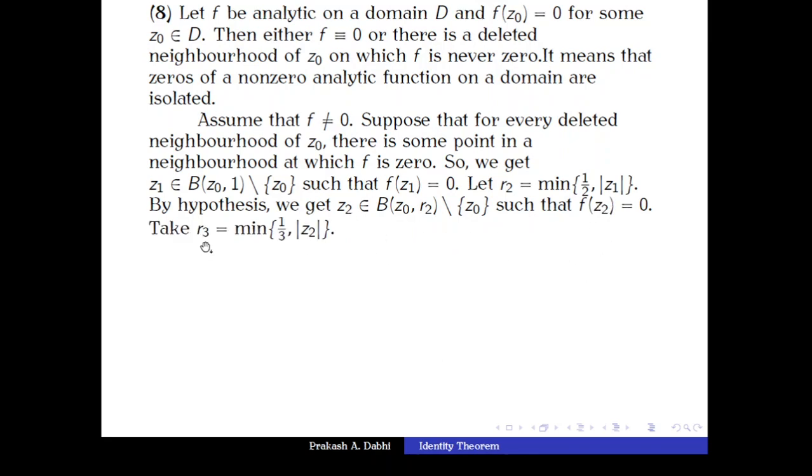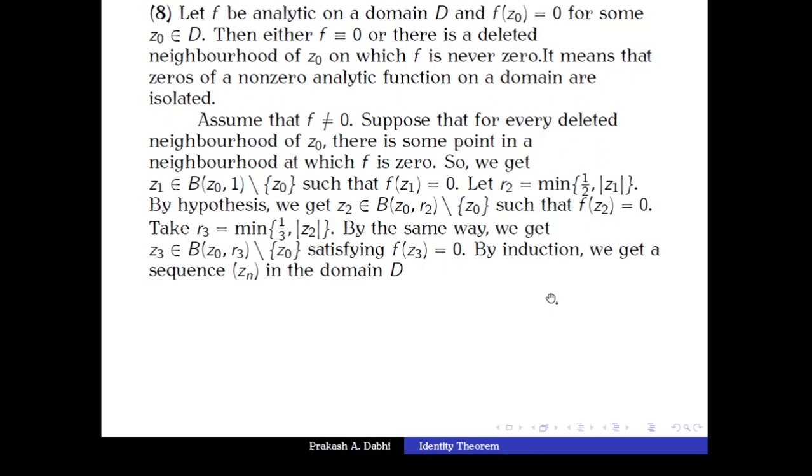Now we take r3 to be the minimum of 1/3 and |z2|. Again by hypothesis we get some z3 in B(z0, r3) minus z0, which satisfies f(z3) equals 0. We keep on doing this, meaning we are going to use induction.